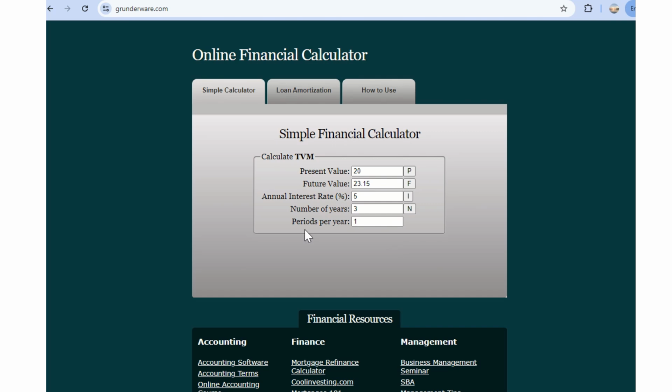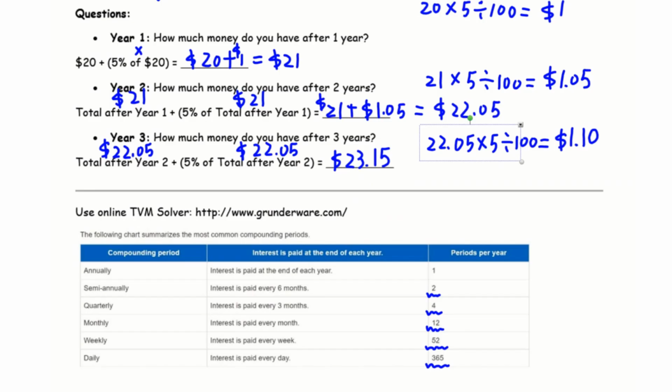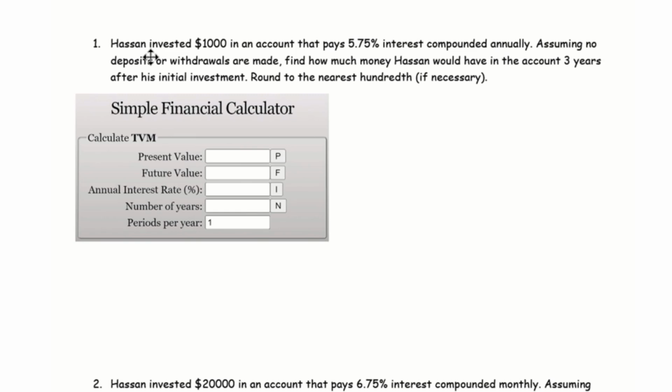So now we are going to see the next example, how to use the simple financial calculator to do the calculation. Hassan invested $1,000 in an account that pays 5.75% interest compounded annually.